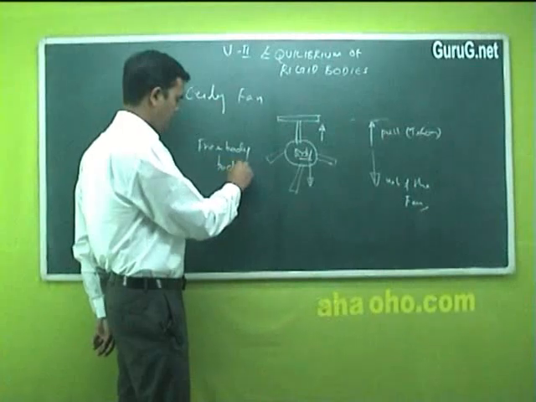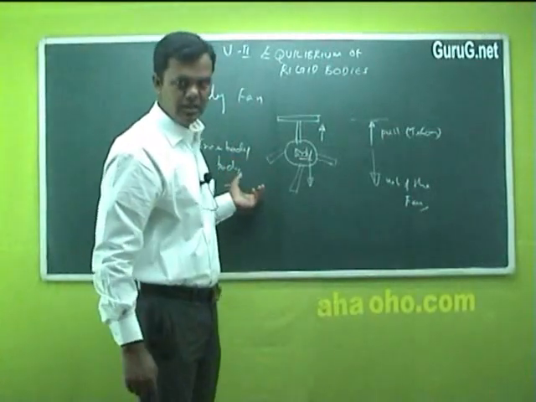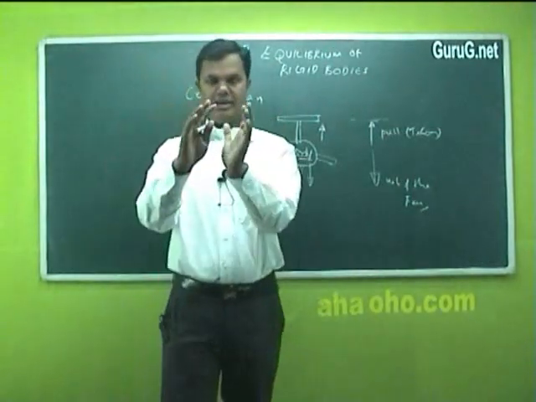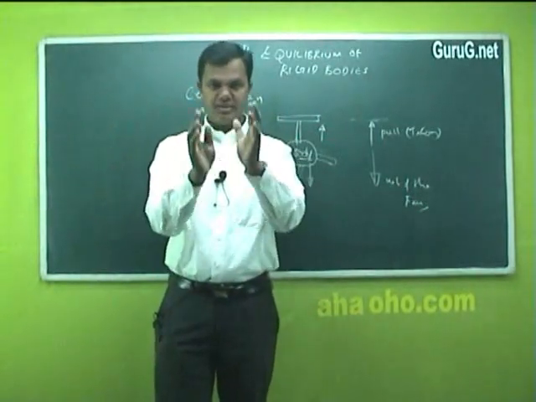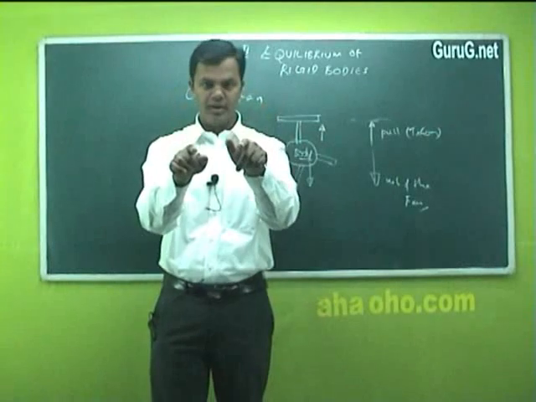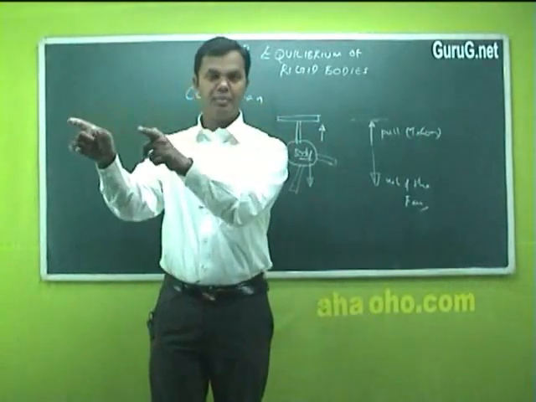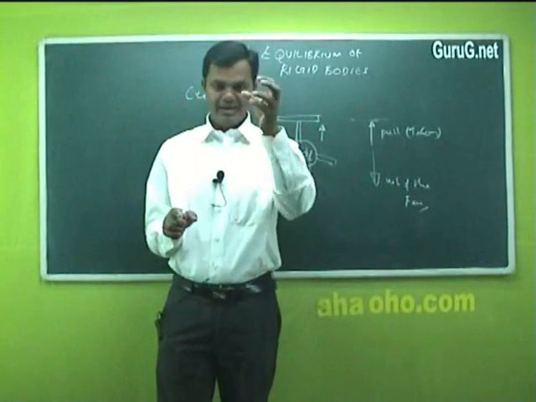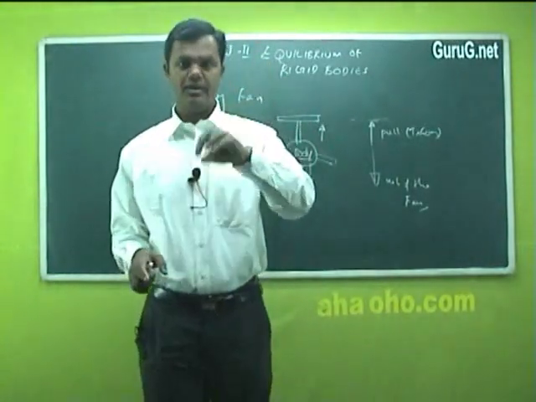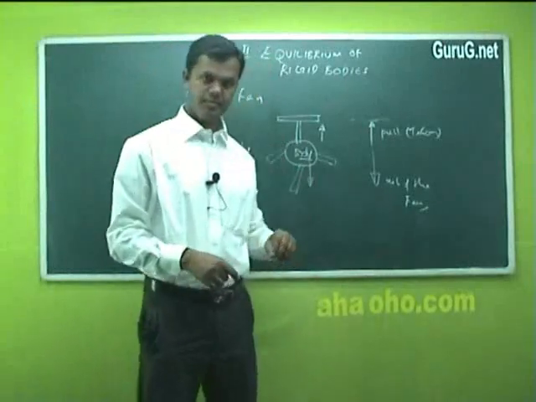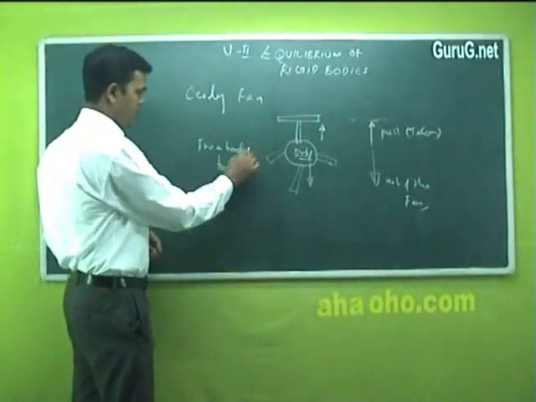Free body. The meaning is, when you omit the surrounding forces which are applied to a body and consider the forces which are actually applied to the body, that body is called a free body, and a diagram which indicates only the applied forces to that body is known as a free body diagram, right? It's free body.